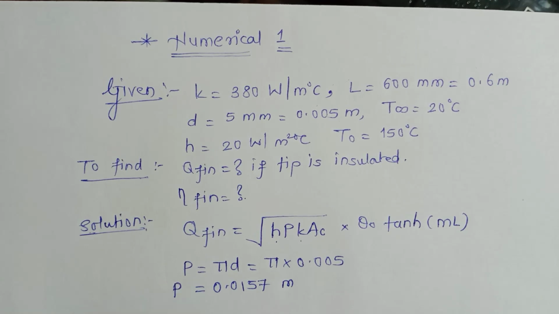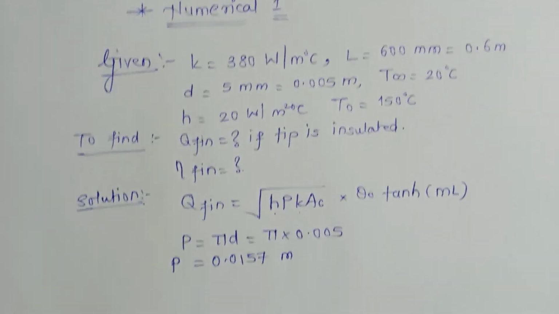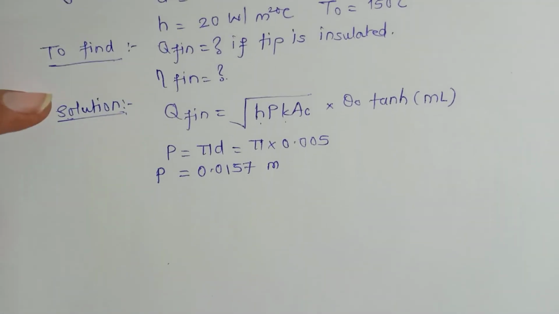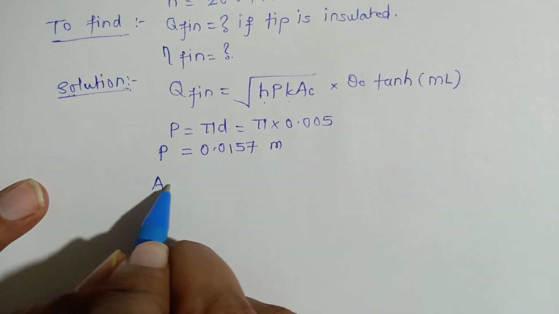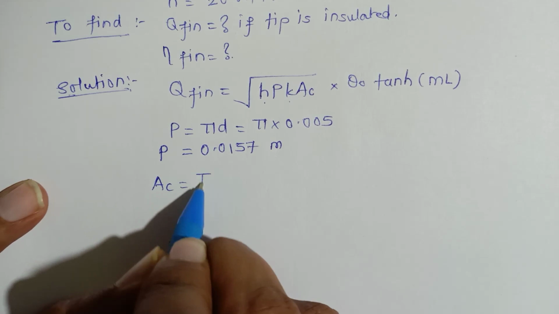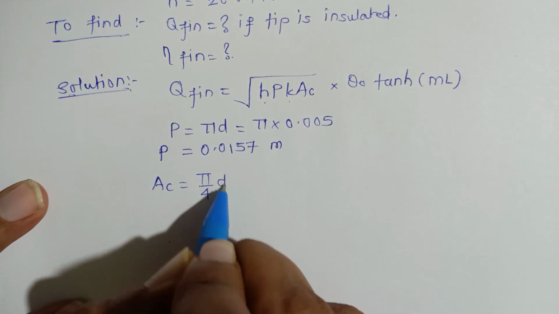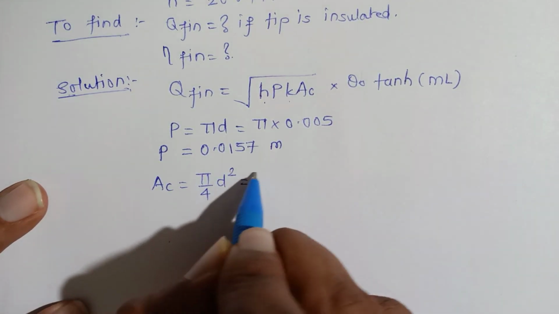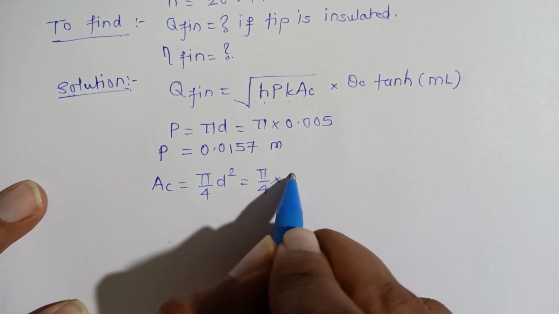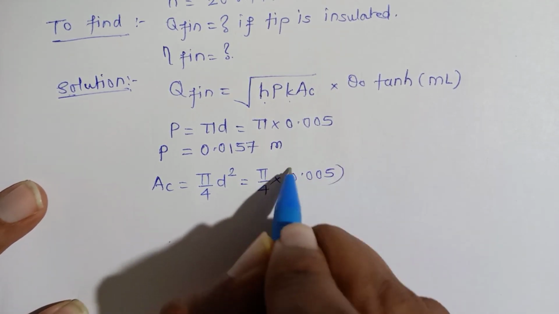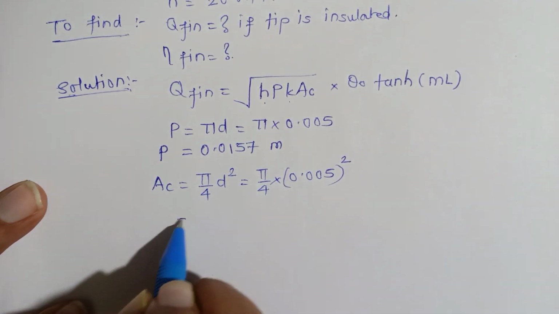Meter is the unit of the perimeter. Now the next parameter that we need to calculate is the area. So how much is that cross-sectional area? It will be equal to Ac, and that will be pi by 4 d square. So it is equal to pi by 4 multiplied by 0.005, which is the diameter, and whole square.